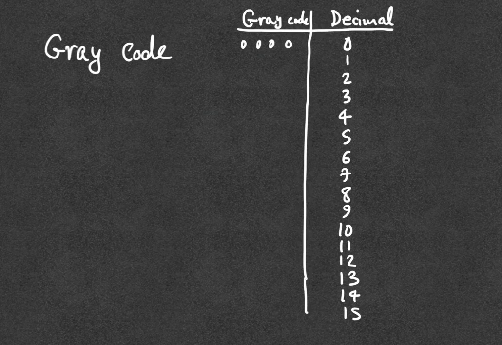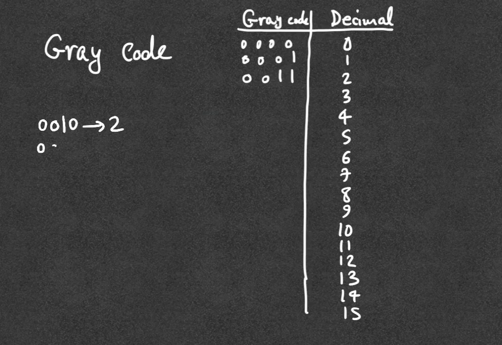And then you have your Gray code. The difference is that in BCD, 0010 represents 2 in decimal, but in Gray code, 0011 represents 2. I'm going to explain why.